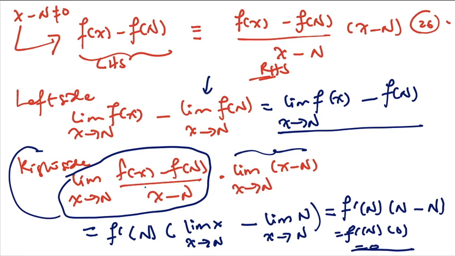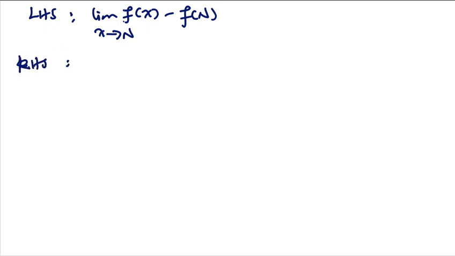So from here we can show this. Let me again rewrite: the left hand side limit is actually limit of f(x) as x approaches n minus fn. And on the right hand side, the final answer that we get is f prime n times n minus n equals 0.